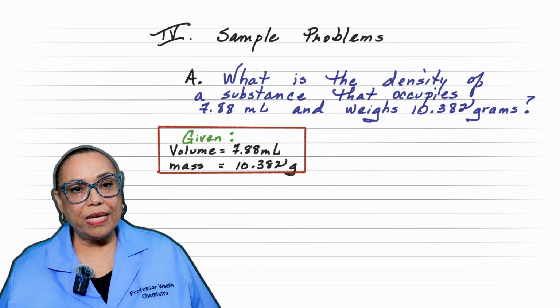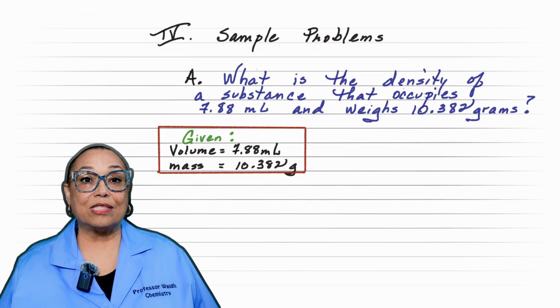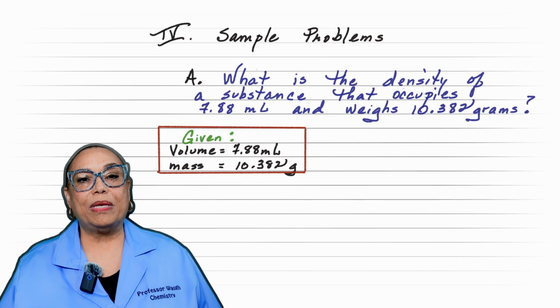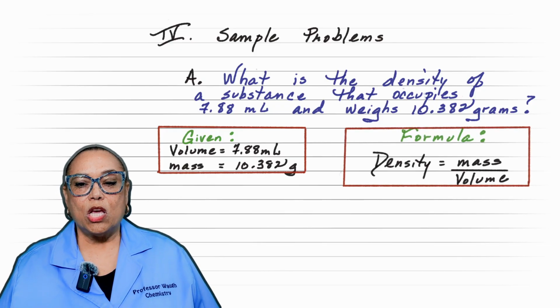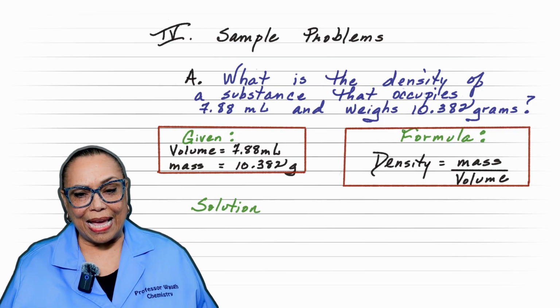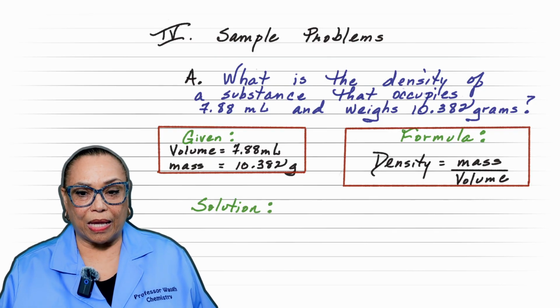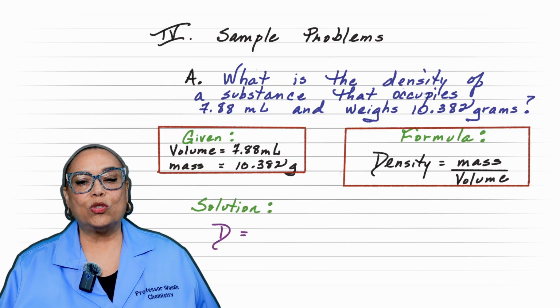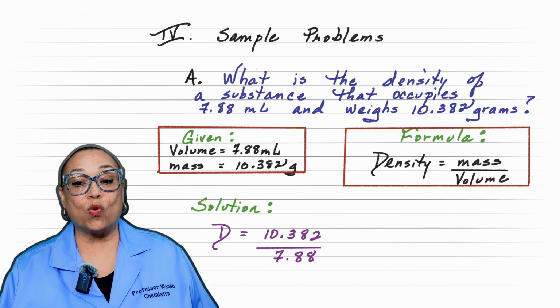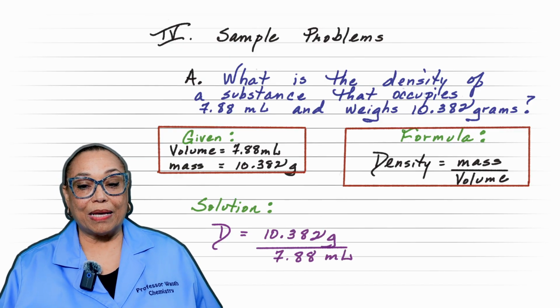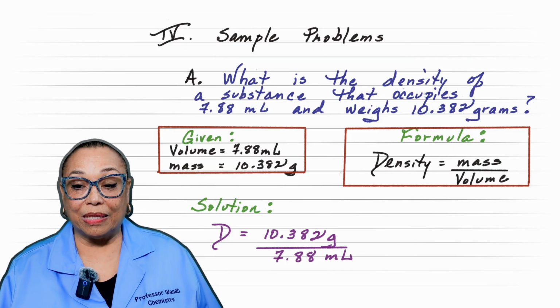Now the formula, as you know, is density is the broken heart, so that will be the mass over the volume. So when we plug in all of our data into the formula, the density is equal to the 10.382 grams divided by the 7.88 milliliters.